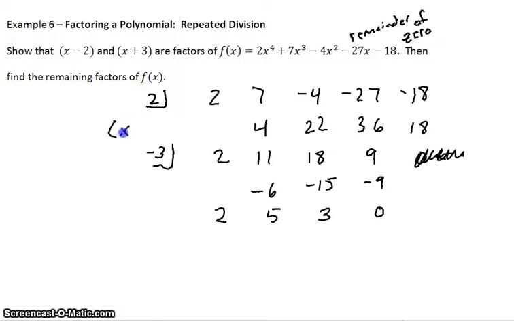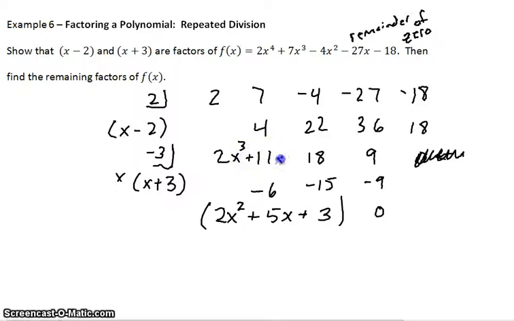So here's my factor x minus 2. Here's my next factor of x plus 3. And here is the remaining factor of 2x squared plus 5x plus 3. I didn't write these down, but this would have been 2x cubed plus 11x squared plus 18x plus 9. So what we have right now is this factored expression that's not completely factored yet, but looks like this.